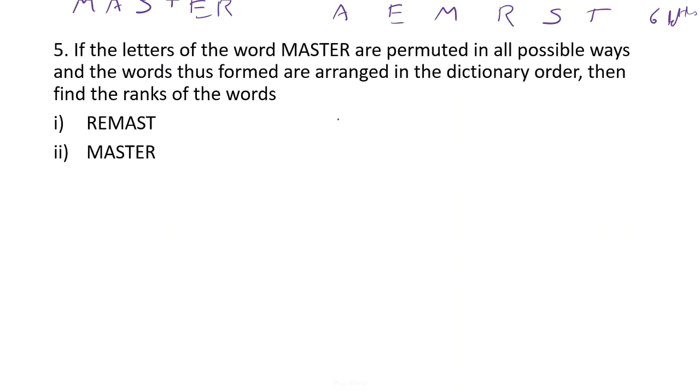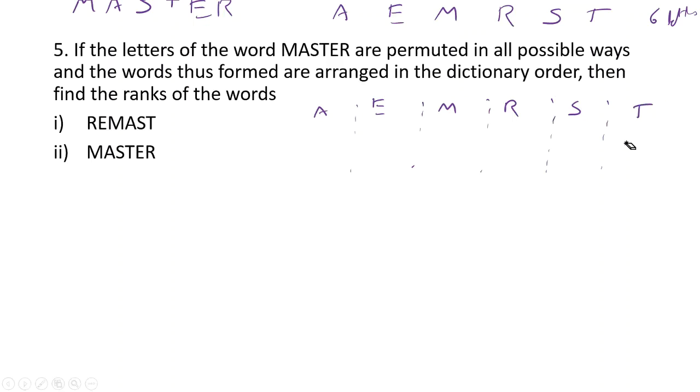So in the dictionary we have these pages. The first page begins with A, the second page begins with E, the third page begins with M, the fourth page begins with R, the fifth page begins with S, and the sixth page begins with T. These are the only alphabets that we have in the dictionary. So we can have words using these.